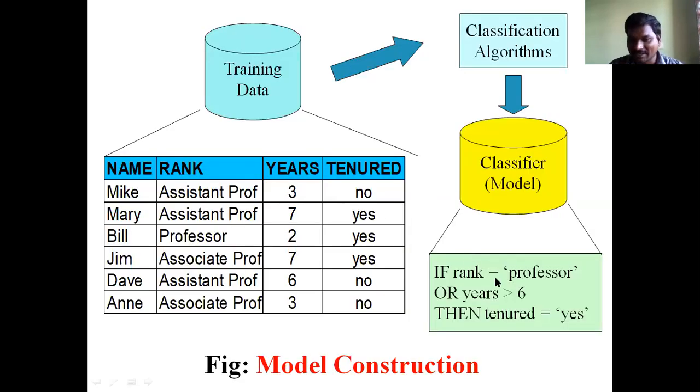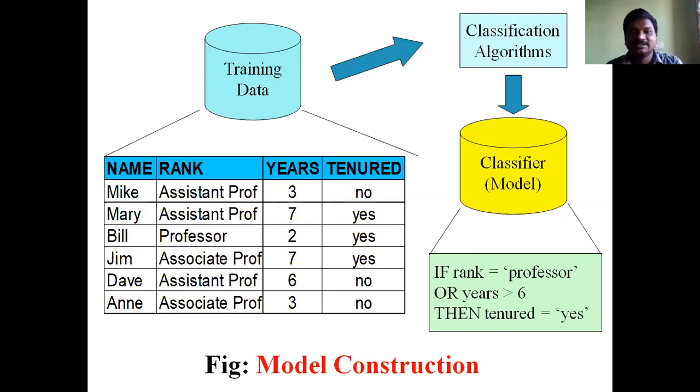For example: if rank equals professor, or years of experience greater than 6, then tenured yes. In this way, from the training data set it will produce n number of rules. You have to consider a training set with more attributes and more tuples, and only then will it produce n number of rules for the training data set.